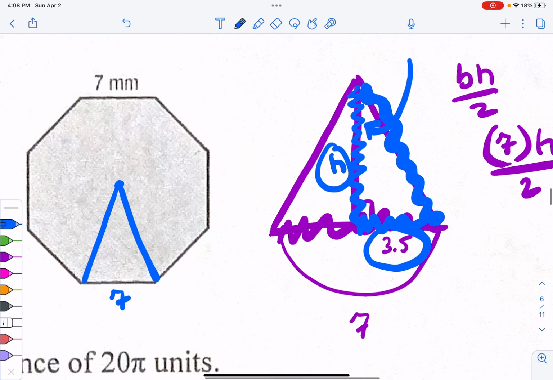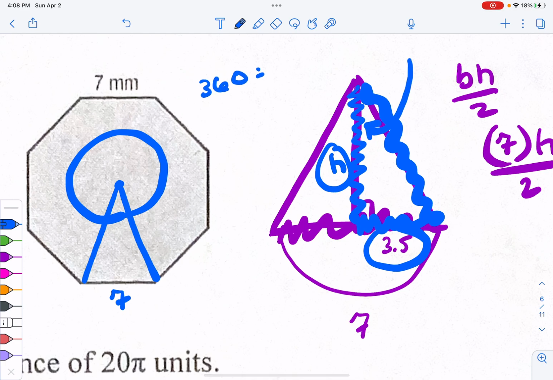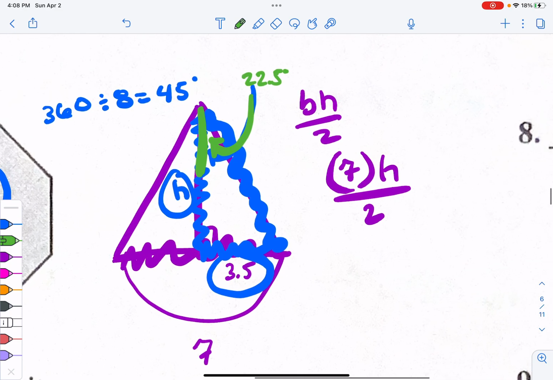If there are 8 of these all the way around, 360 divided by 8 is 45, I believe. Ugh. So this is 45 degrees. Now, that means that if I split it in half, this angle right here, just this one, is 22.5 degrees, which is ugly, but, you know, it's going to be okay.